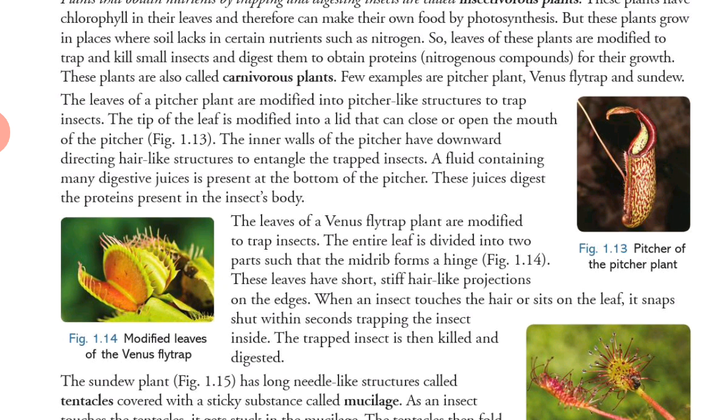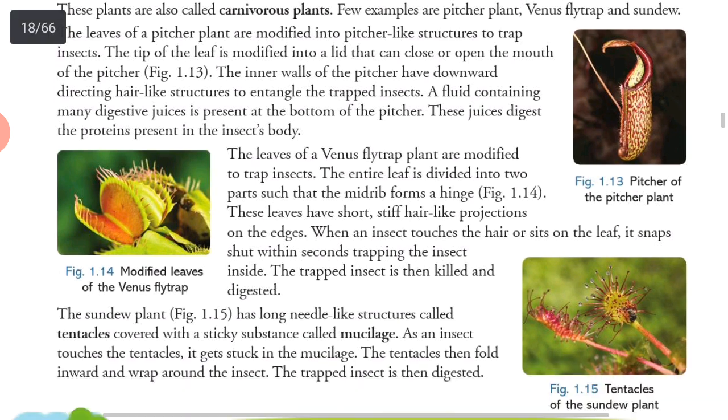When an insect touches the hair or sits on the leaf, it snaps shut within seconds, trapping the insect inside. The trapped insect is then killed and digested. Very strange things to know. Sundew is another example of insectivorous plants.